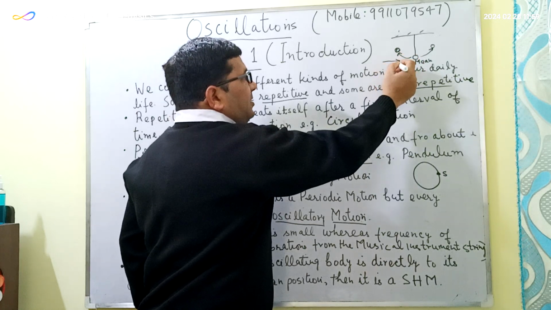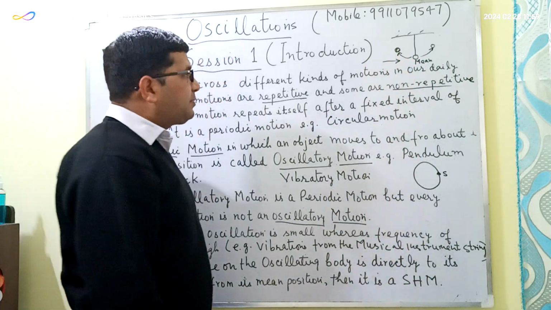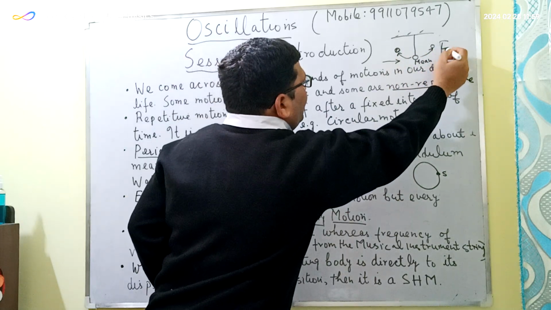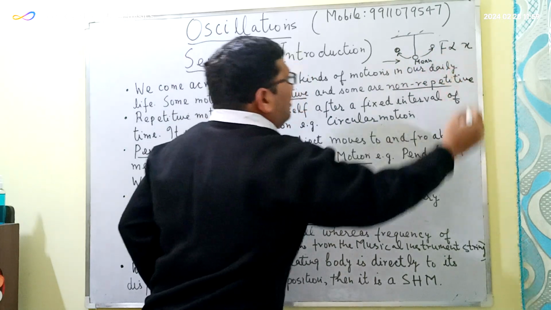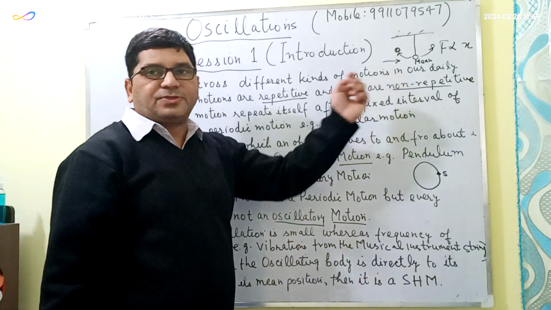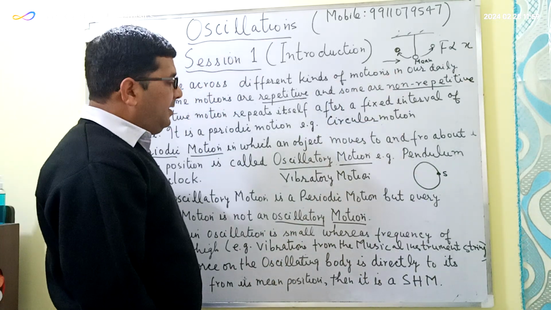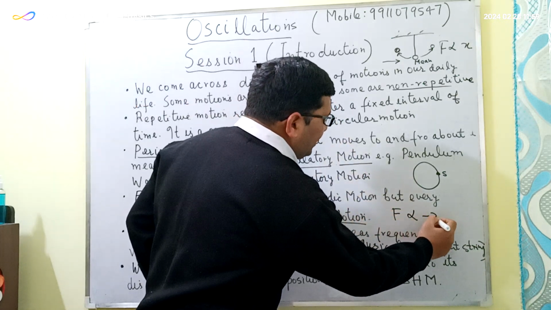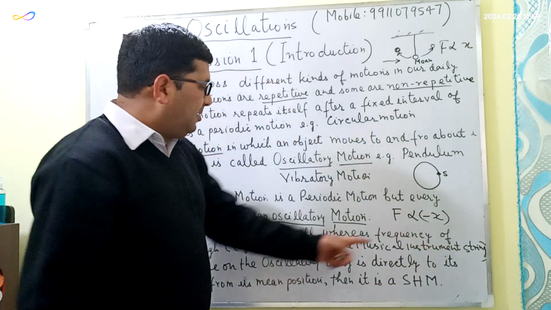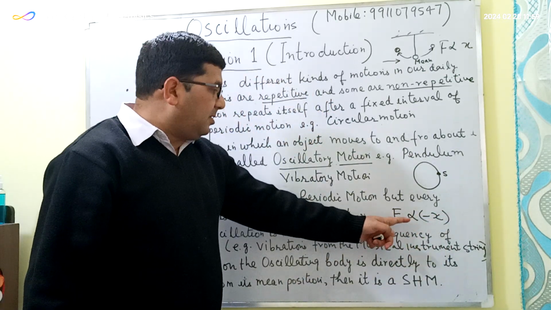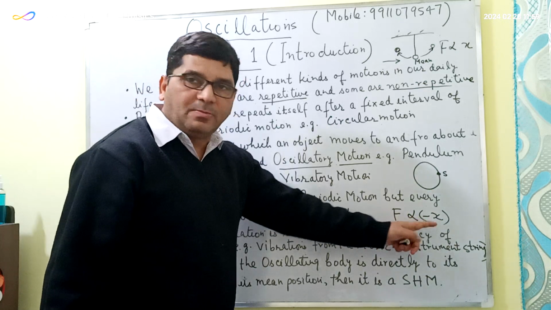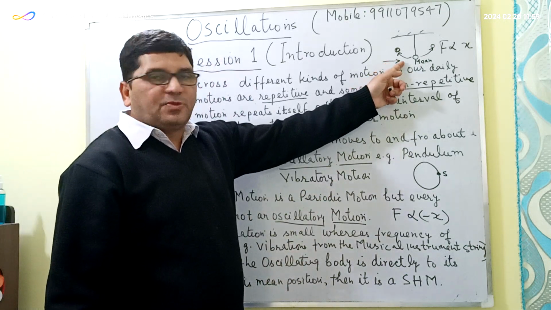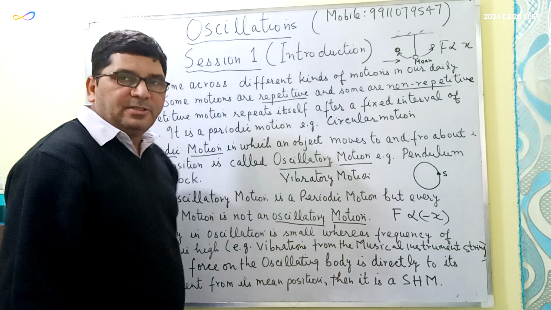A restoring force acts in the opposite direction of this displacement, and if this restoring force F is directly proportional to the displacement, then we say that this oscillatory motion is a simple harmonic motion, and this restoring force F is directly proportional to minus x. You will find this relation as F is directly proportional to minus x in the books. Here minus sign indicates that the direction of this restoring force is opposite to the direction of the displacement.